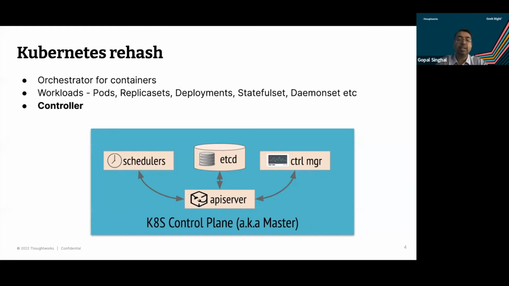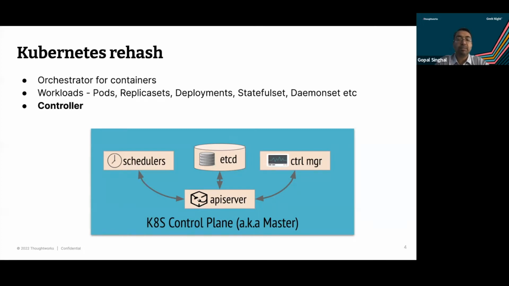Now, etcd is the only persistent storage component in the whole cluster. The rest of the things are non-persistent, stateless components. etcd stores all the information, all the metadata related to workloads.